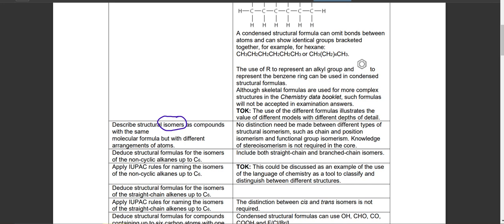So, for example, if you have a molecular formula of C5H12, you are able to draw more than one possibility of structural formula. This is number one possibility.